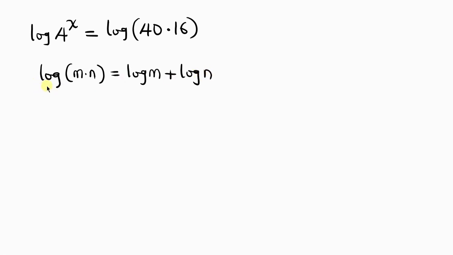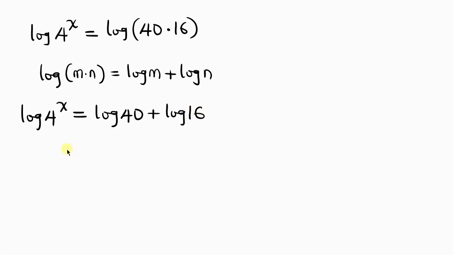So we're going to be applying this property of logarithm to what we have on the right-hand side. So this becomes log 4 to the x equal to, this expression written in this form will be log 40 plus log 16. Very good.